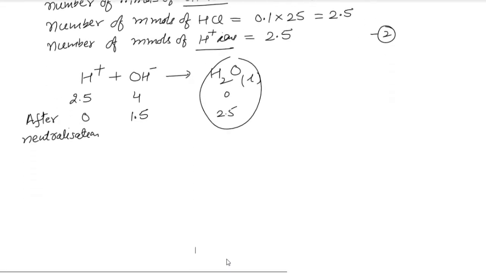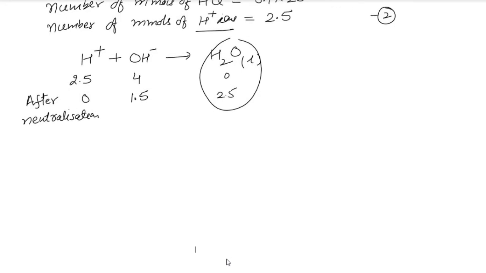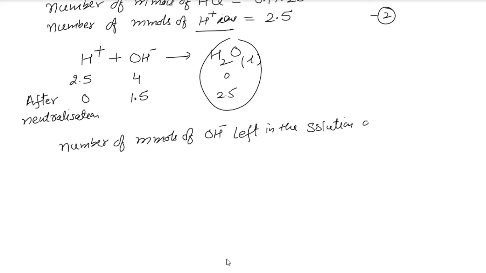So OH negative ions are in excess. The number of millimoles of OH negative ions left in the solution after neutralization is equal to 4 minus 2.5, so it is actually 1.5.